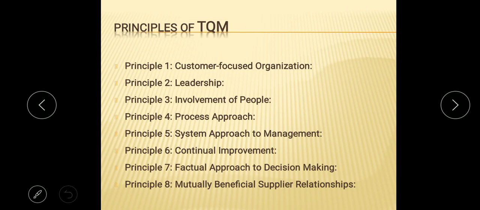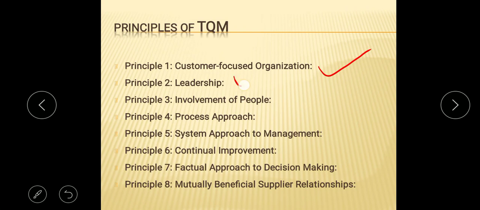So coming to the first principle, that is customer focused organization. Organizations depend on their customers and should therefore understand current and future customer needs, meet customer requirements, and strive to exceed customers' expectations.